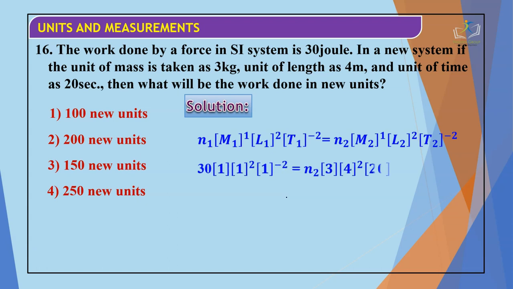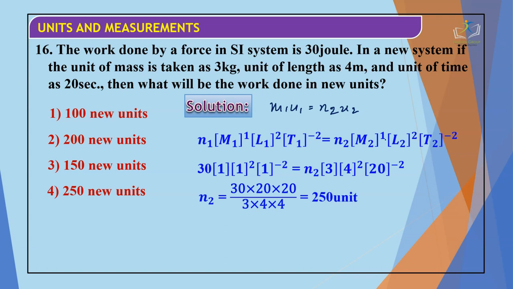Now applying the dimensional analysis equation, which is n1 u1 is equal to n2 u2. We put the dimensions of the first system, which we can take as MKS, and the second as CGS system. Numbers in the MKS and numbers in the CGS system. Equating all these values and getting the value of n2, which is 250 Newton.